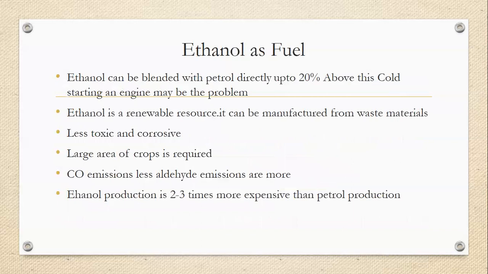The next alternative fuel is ethanol. This ethanol fuel is produced from sugarcane by trans-esterification process. This ethanol can be blended with petrol directly up to 20 percentage. Above 20 percentage, cold starting problem occurs. Ethanol is the best renewable resource. It can also be manufactured from waste materials. This fuel is less toxic and corrosive.